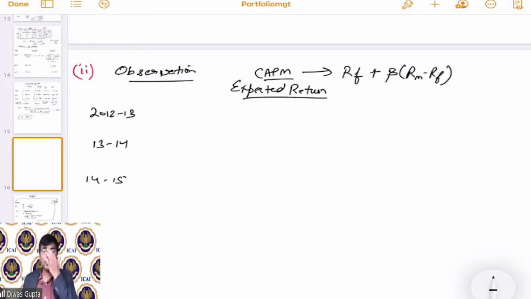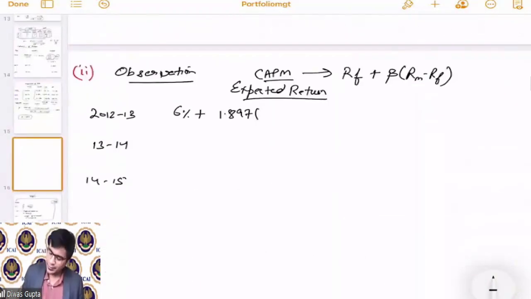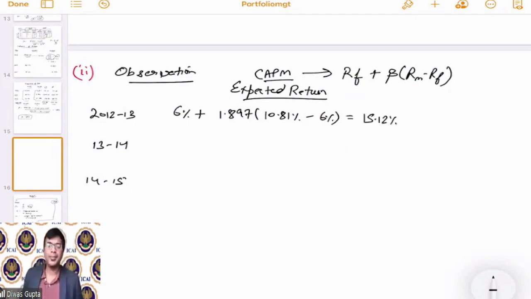The risk premium multiplied by beta, which is the risk-adjusted premium, plus the risk-free rate of return. So the risk-free rate of return, which is the government bonds for 2013, is given as 6%. 1.897 is beta. RM is what we have already calculated, 10.81, minus the risk-free return of 6%. So this comes as 15.12%.